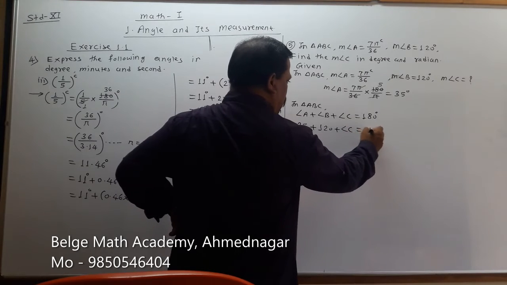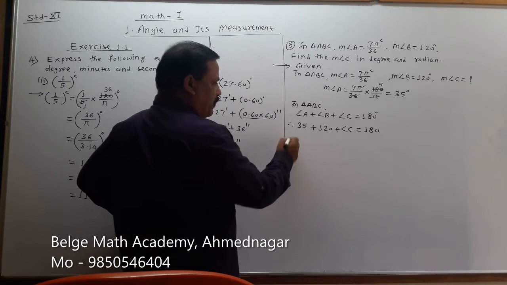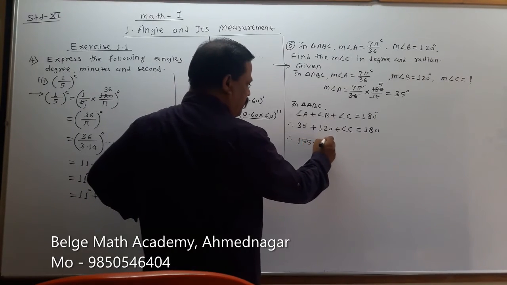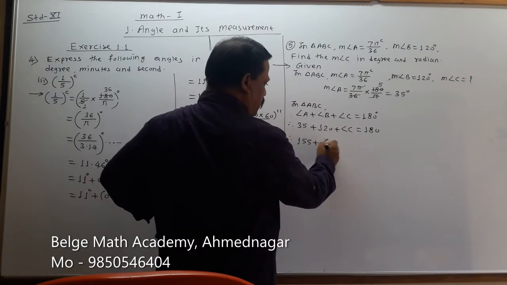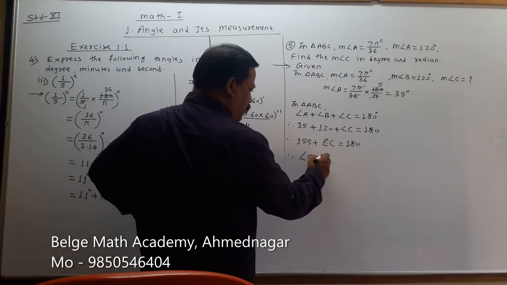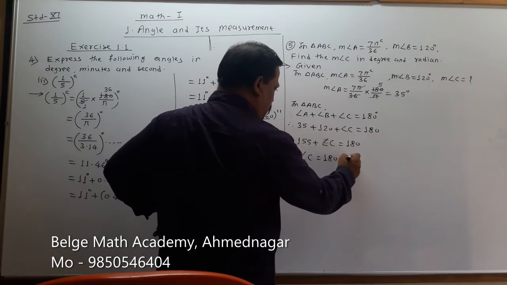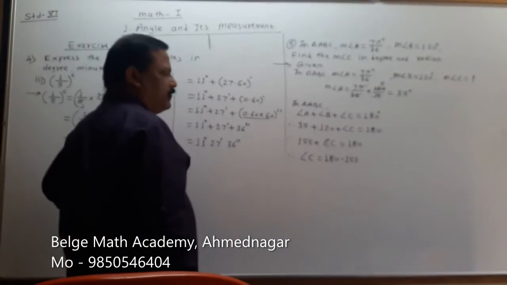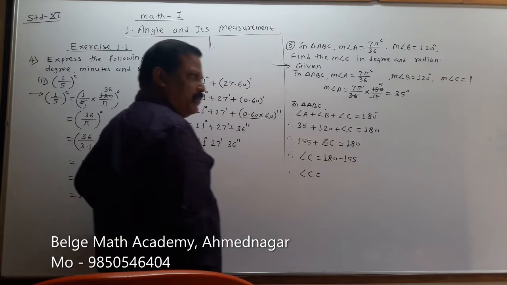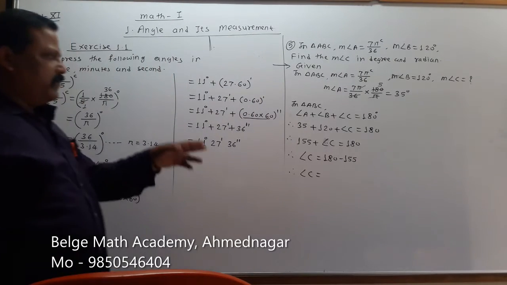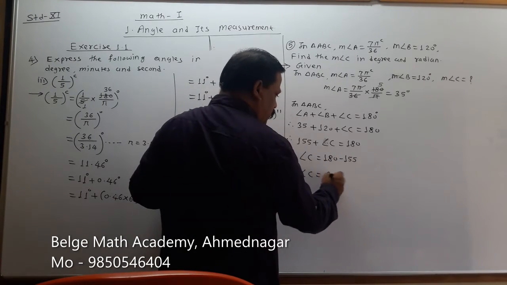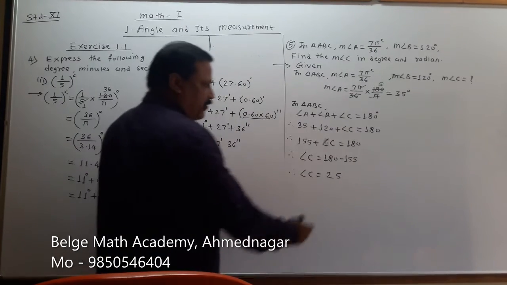Angle C equals 180 minus (35 plus 120), that addition is 155. So angle C equals 180 minus 155, that subtraction is 25 degree.